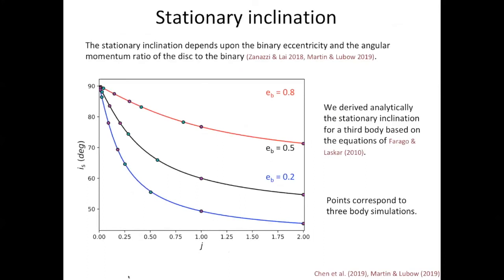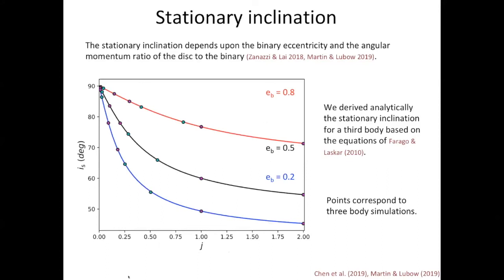So polar alignment occurs at 90 degrees to the binary angular momentum vector if the disk has a small angular momentum. However, if the disk has a significant angular momentum compared to the binary, then the polar aligned state is no longer at 90 degrees, but actually occurs at lower levels of tilt.